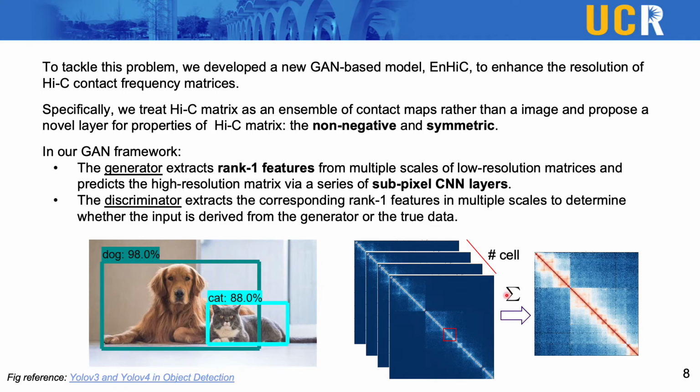Specifically, in our GAN framework, the generator extracts rank 1 features from multiple scales of low-resolution matrices and predicts the high-resolution matrix via subpixel convolutional neural network layers. The discriminator extracts the corresponding rank 1 features in multiple scales to determine whether the input is derived from the generator or the true data.